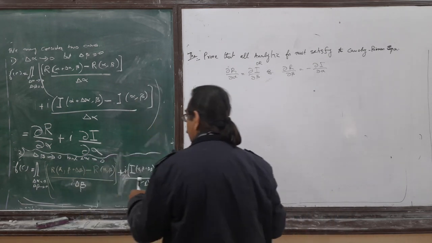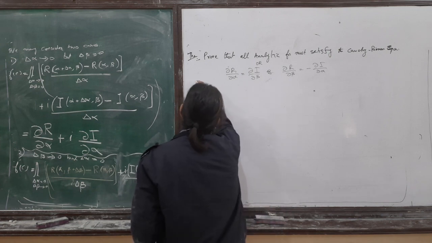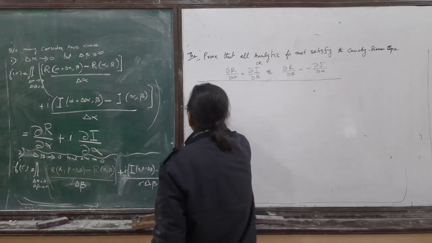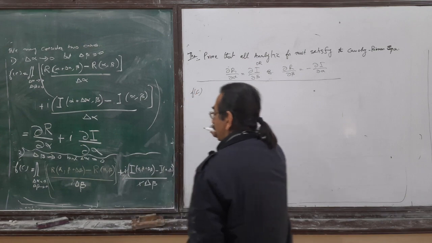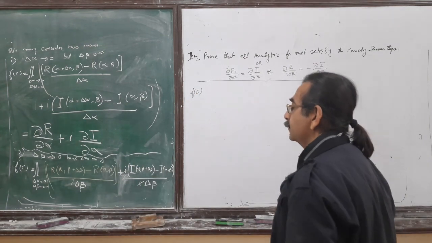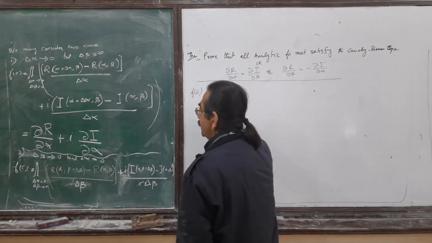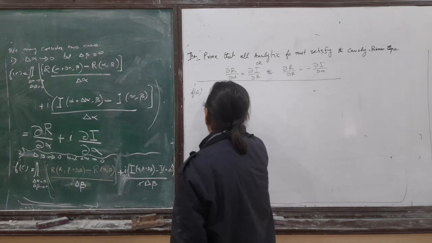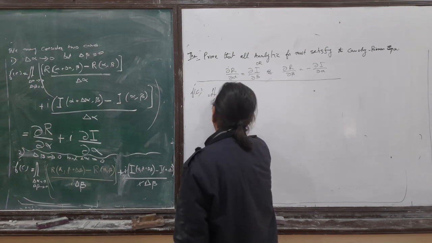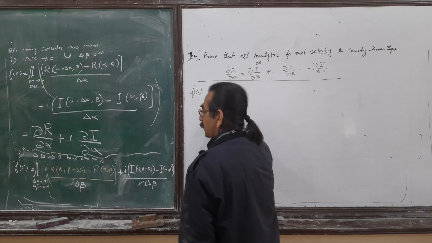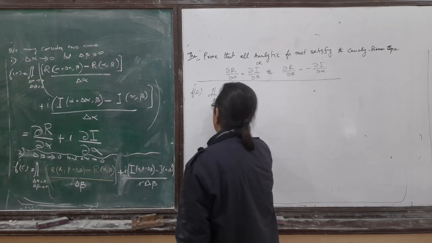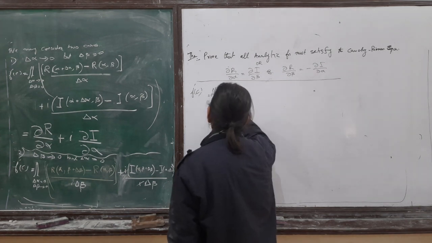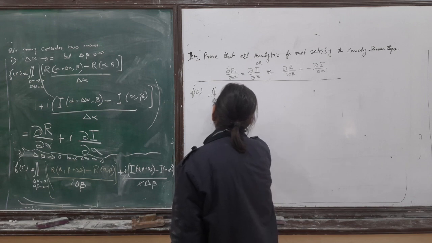Yes. So the derivative of F(C) will be equal to limit delta alpha approach to 0, delta alpha is equal to 0 and delta beta approaches 0.